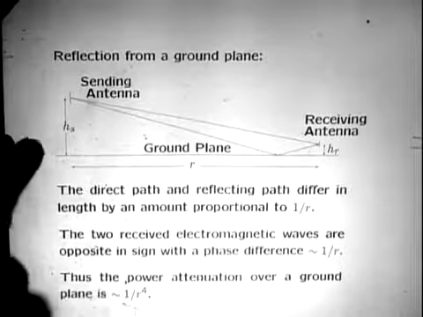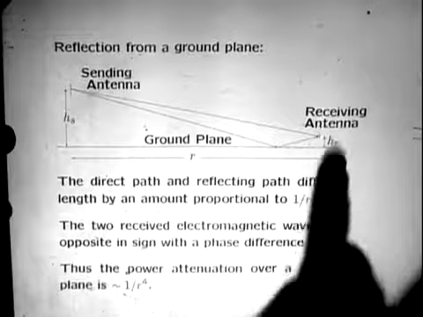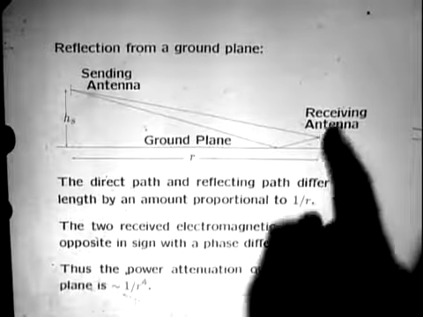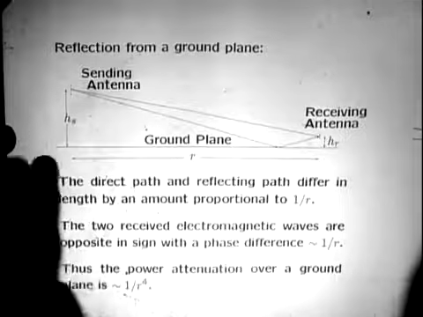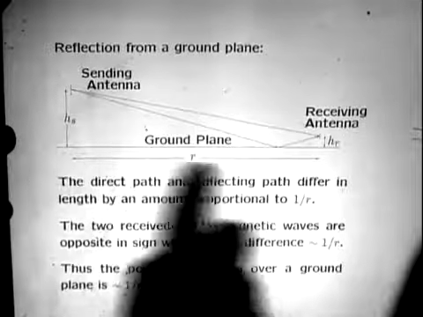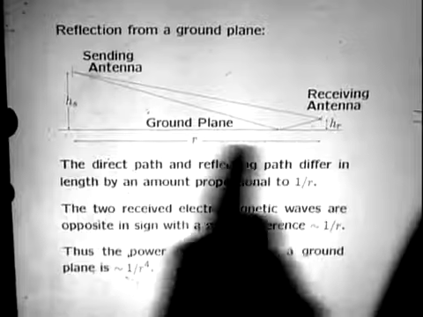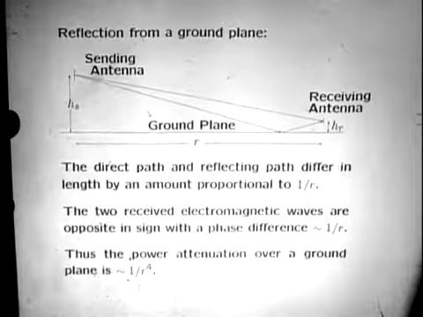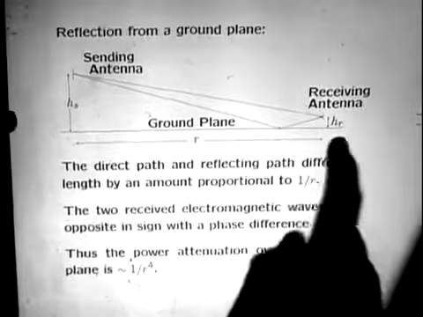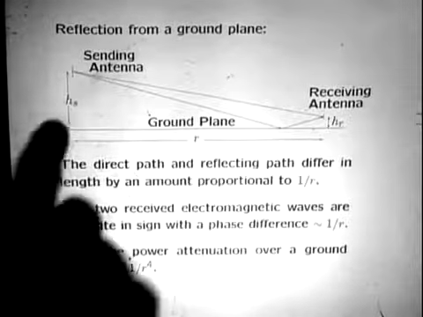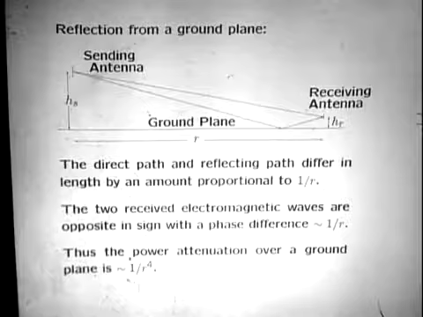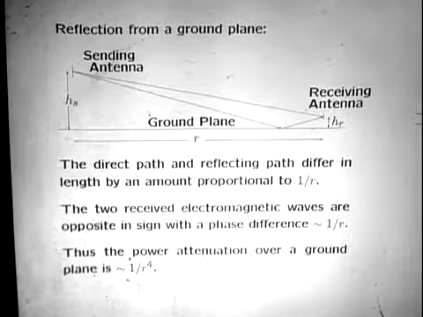It's sending to some receive antenna, which is at some height above the ground, usually quite a bit smaller. And suppose there is some more or less partly reflecting plane like a road. So here we have a vehicle which is traveling along a road, and we have a sending antenna which is also close to the road, which is sending this signal.